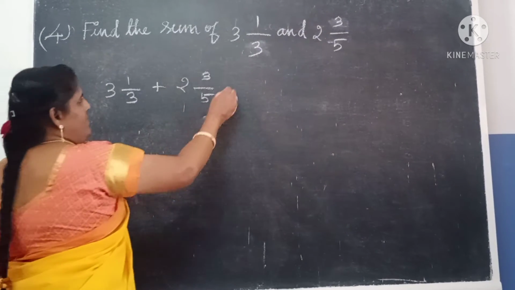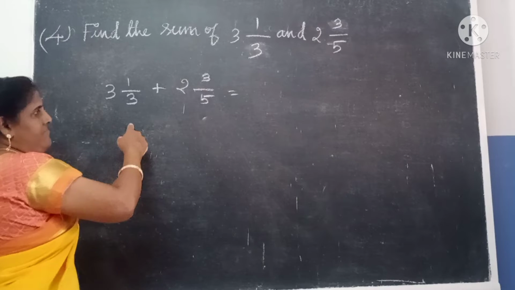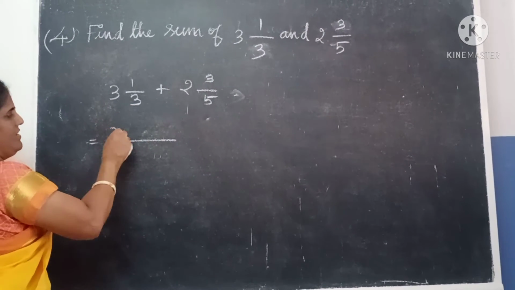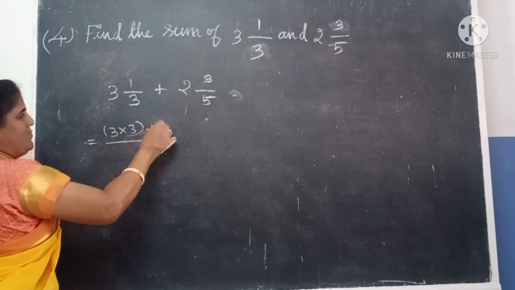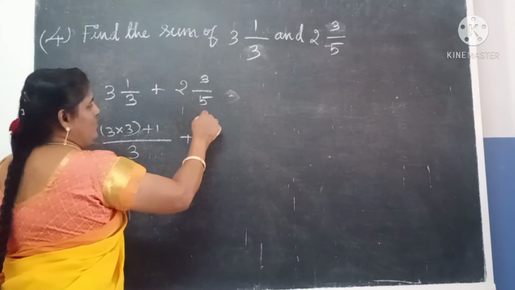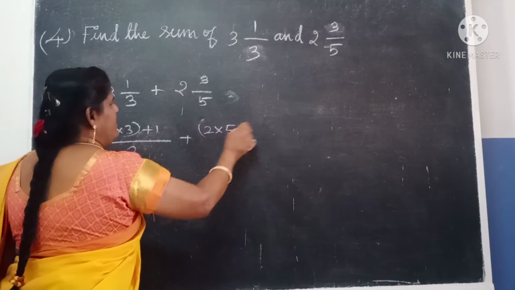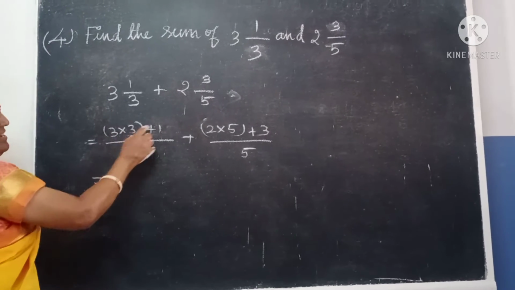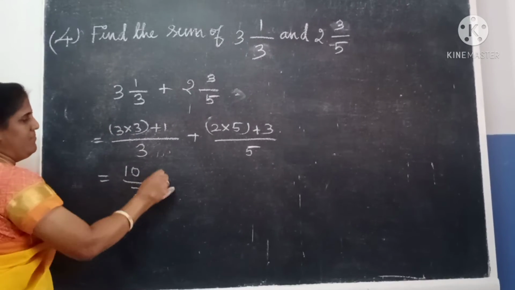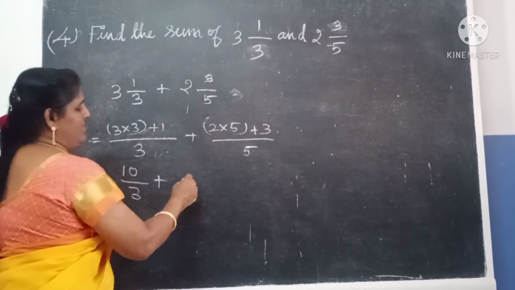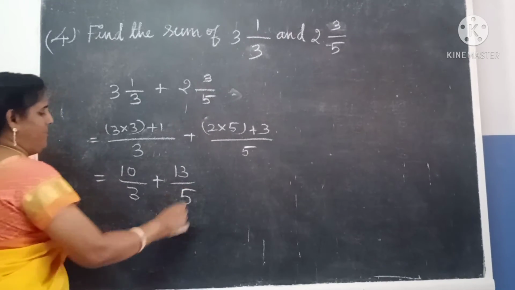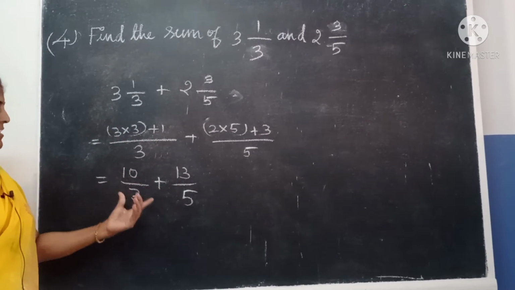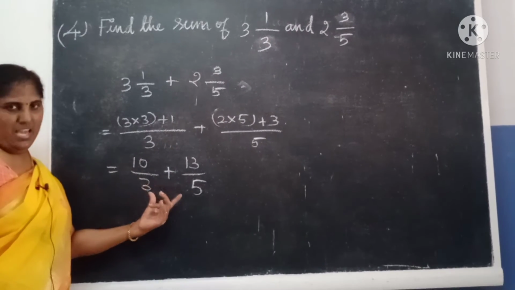First you multiply: 3 3s are 9 plus 1 divided by 3, plus 2 5s are 10, plus 3, divided by 5. That means 3 3s are 9, 9 plus 1 is 10, 10 by 3, plus 5 2s are 10, 10 plus 3 is 13 by 5.